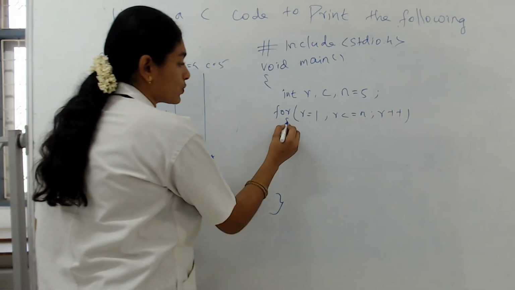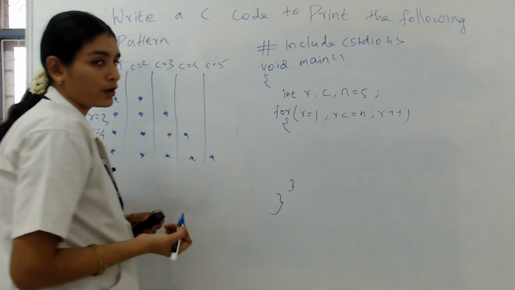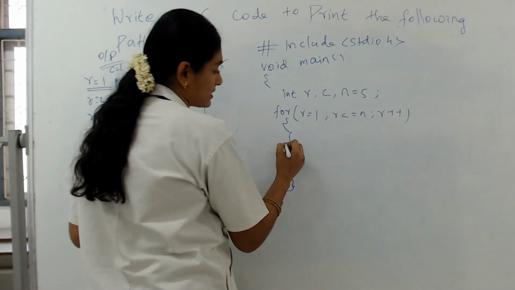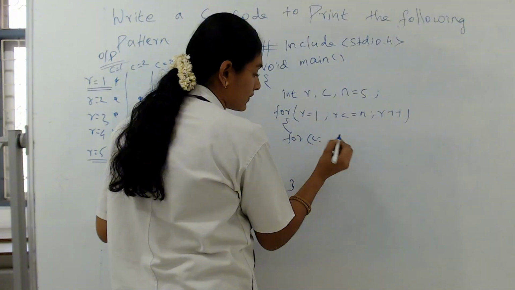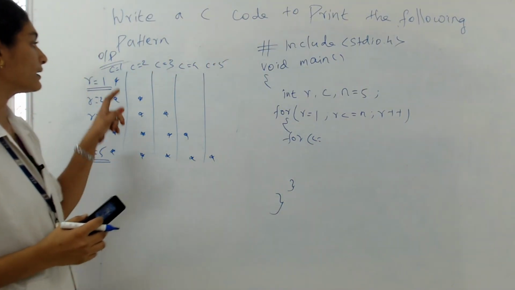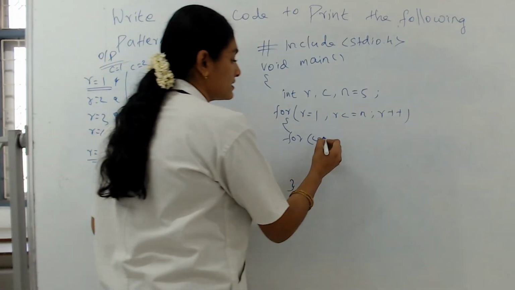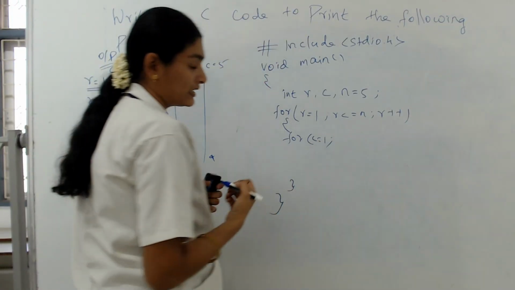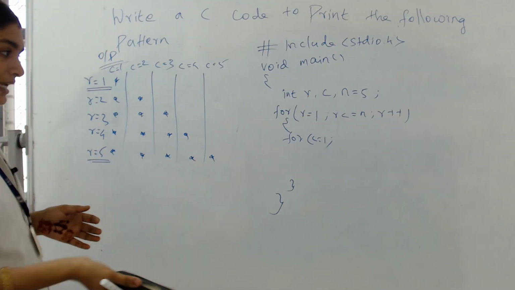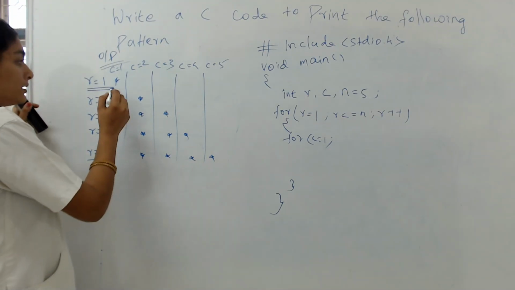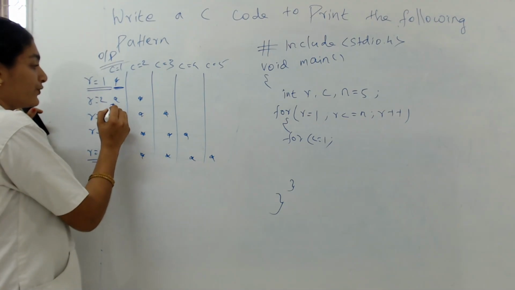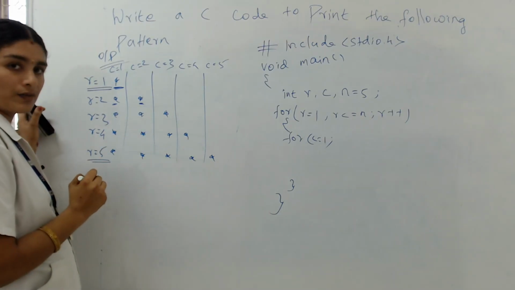Next, write the inner for loop for representing columns. What is the value of c? Initialization part: the column value will also vary from 1 to 5. So initialization c equal to 1. Next, check the condition. Is the number of values in each column based on the r value?